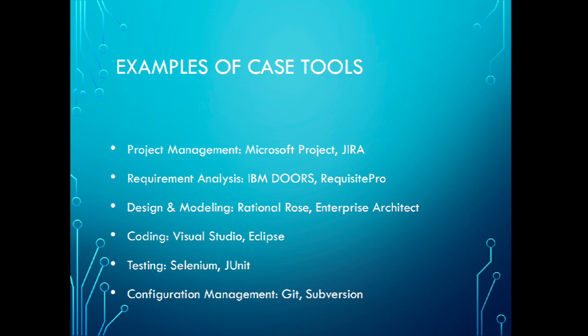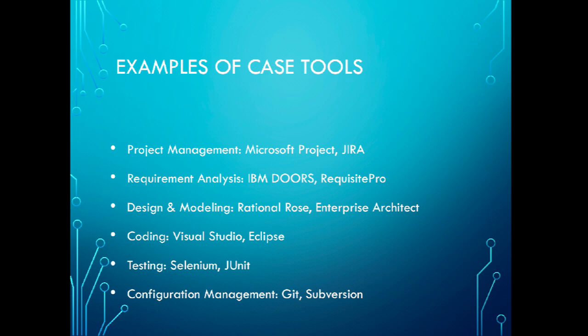Next is configuration management. To manage changes to the source code, teams use version control systems like Git or Subversion. These tools keep a complete history of the project, making it easy to track changes, collaborate, and revert to previous versions if needed.